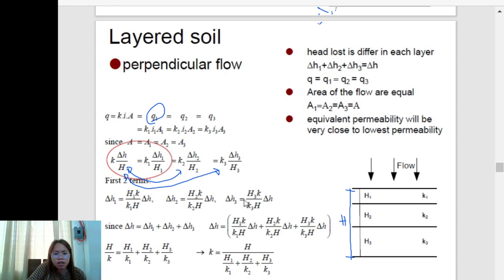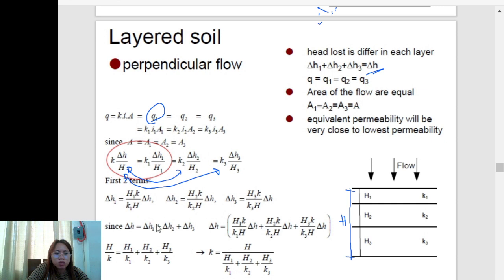Now, delta H3 is equal to H3 K. So that since delta H, the total head loss, differs in each layer, the total head loss is equal to the sum of the individual head loss per layer.